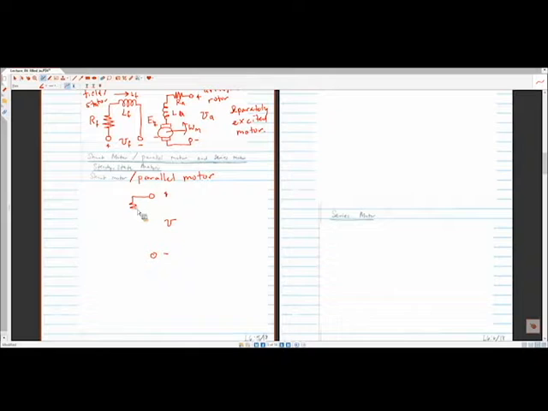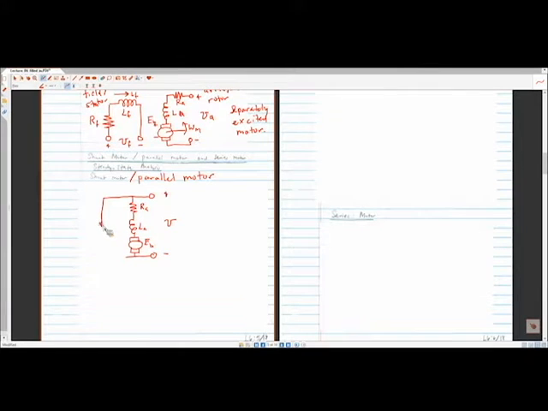So you have the resistance of your armature, the inductance of your armature, and then you have back EMF. The mapping between the two circuits is identical. Then, instead of having a completely independent circuit to drive the field, we're taking this voltage in parallel with the armature circuit.